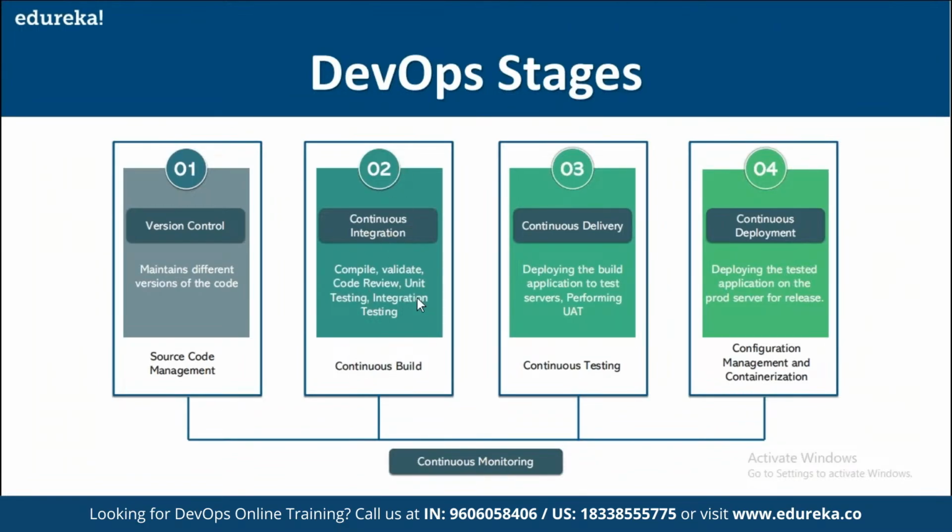Now, how are these steps executed? You must be thinking. Build automation tools like Maven, MSBuild, PyBuilder, Gradle are used, friends, with Jenkins to perform compilation and generating a build. These are developer tools, friends. They use them.